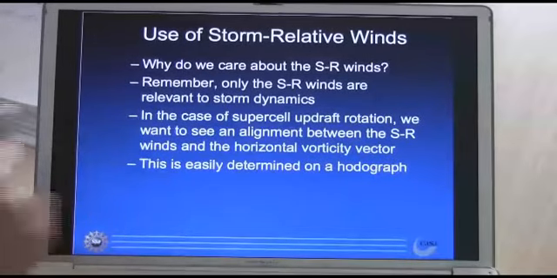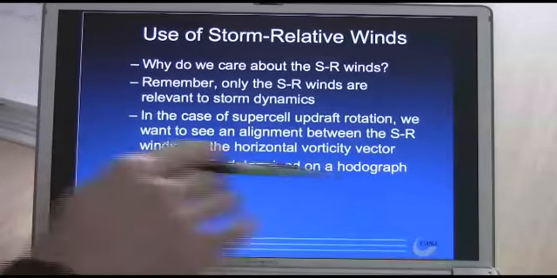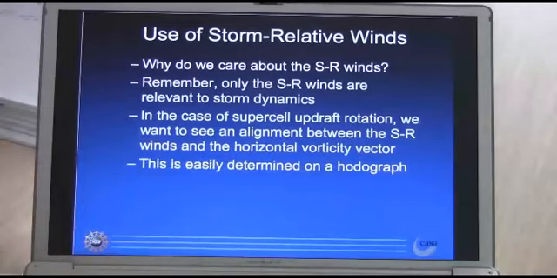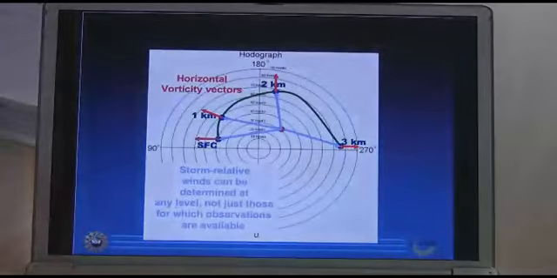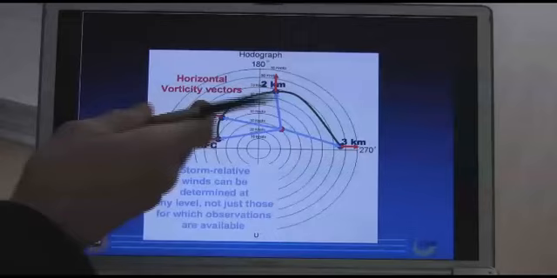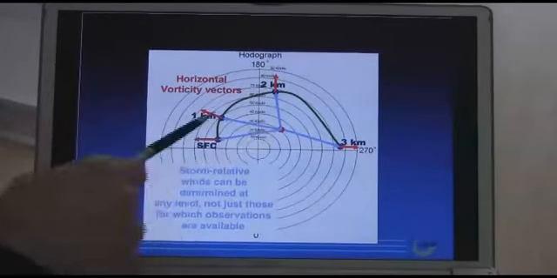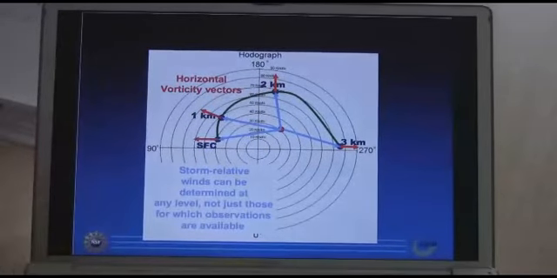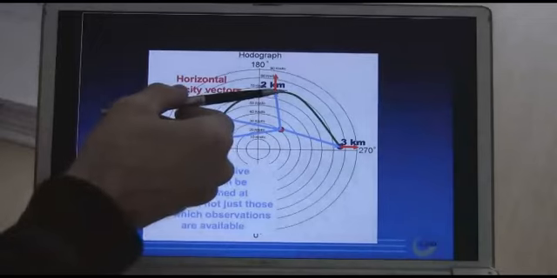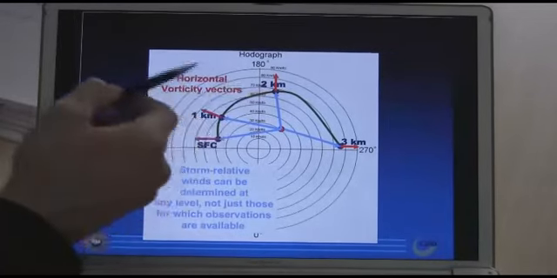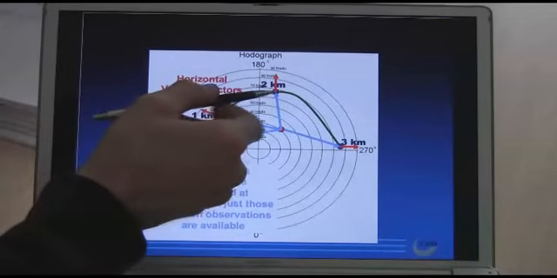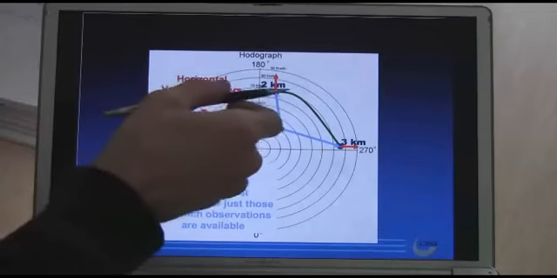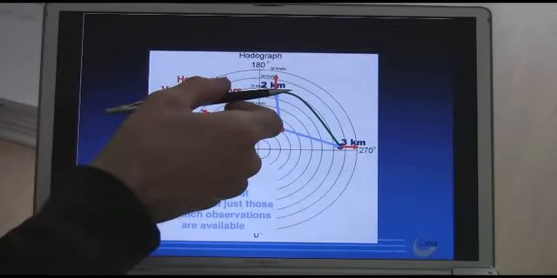Again, the alignment between those two is very easily determined on a hodograph. We just went over the storm relative wind vector, but remember the horizontal vorticity vector is 90 degrees to the left of the shear vector at a given altitude. So we take the 0.2 kilometers altitude. What's the shear vector? It's pointing like this, parallel to my pin.